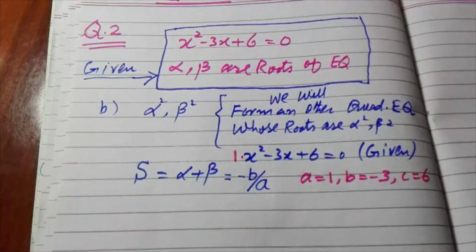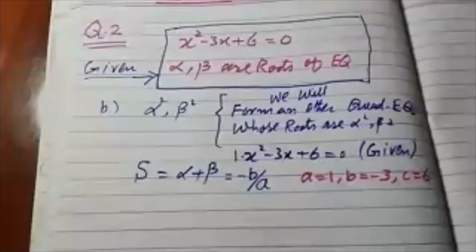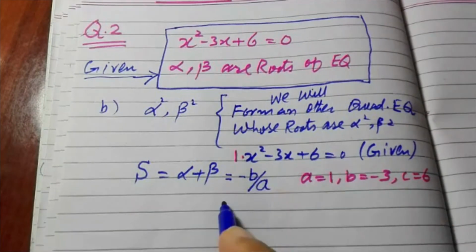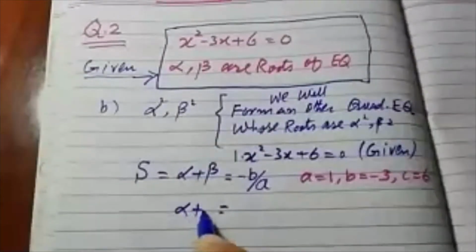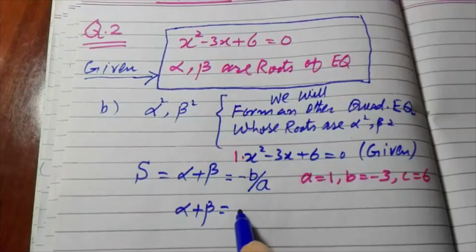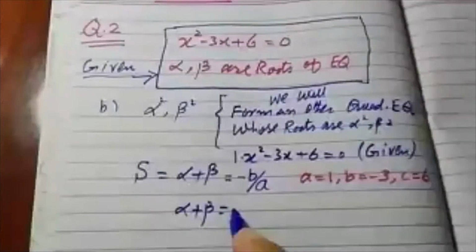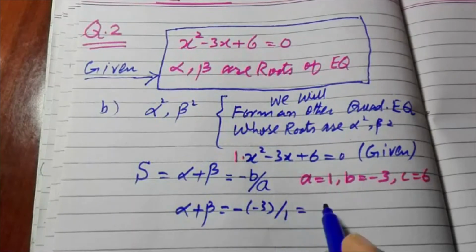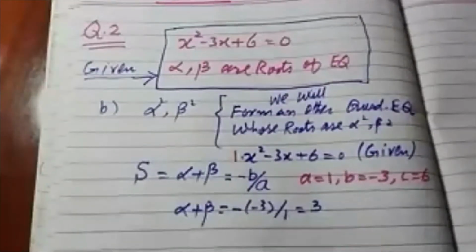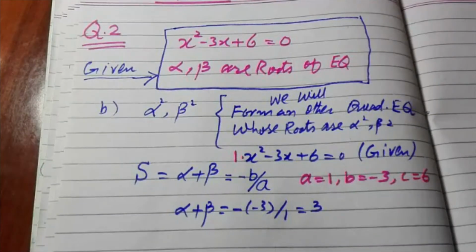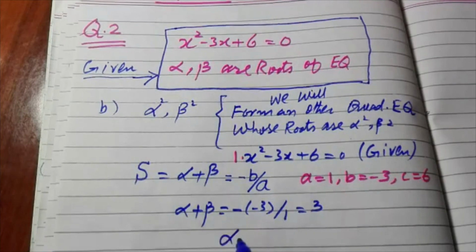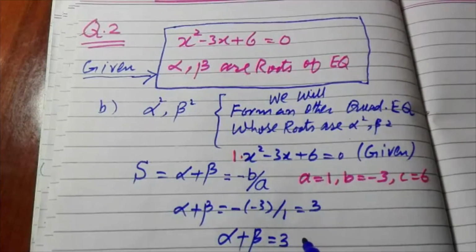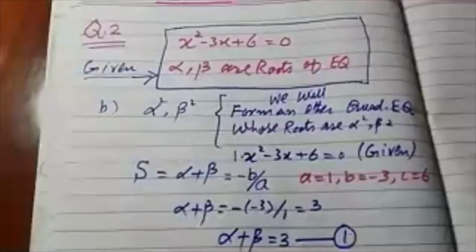Substituting the values, it is minus times minus 3 divided by 1, which simplifies to 3. So alpha plus beta is equal to 3 for this equation. You can label it equation number 1.